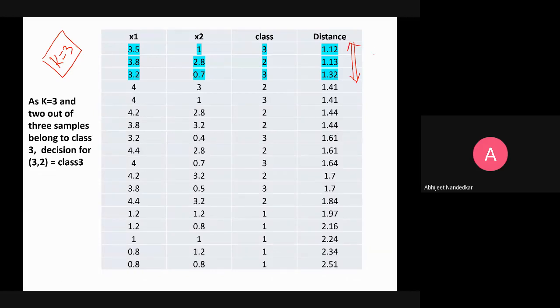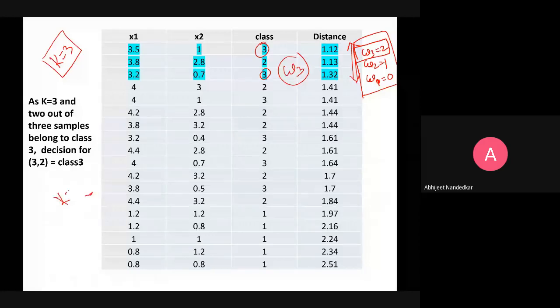For omega 3, there are 2 samples, this one and this one. For omega 2, there is only one sample, and for omega 0 and omega 1, there is no sample. So the maximum is this, and my decision based on k equal to 3 is omega 3.